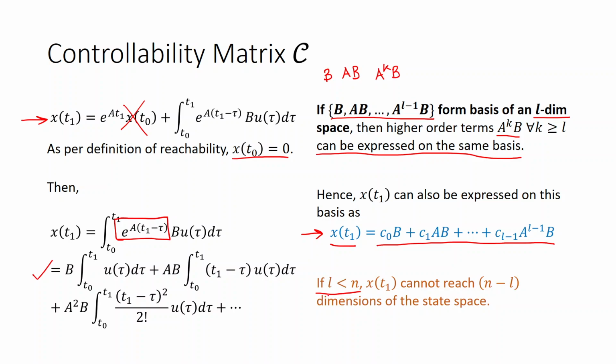Now if my L is less than n, then what will happen? xt1 will not be able to reach n minus L dimensions of the state space.